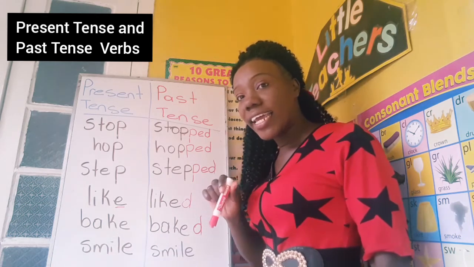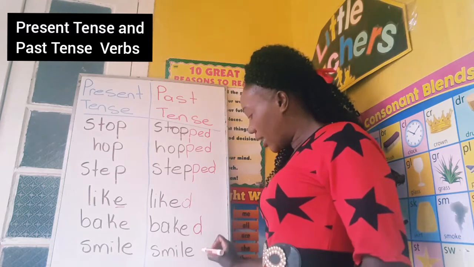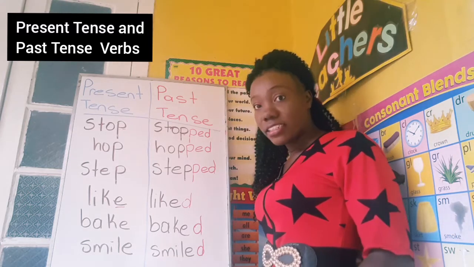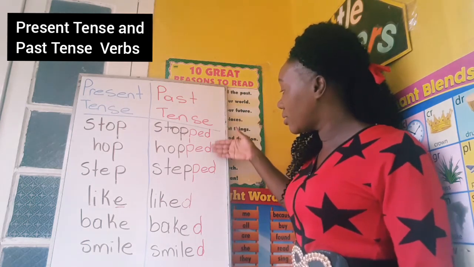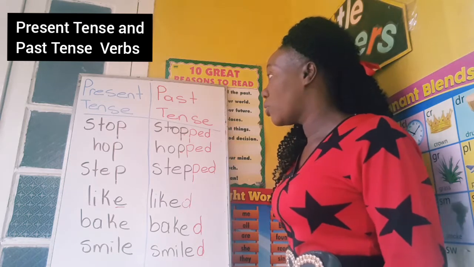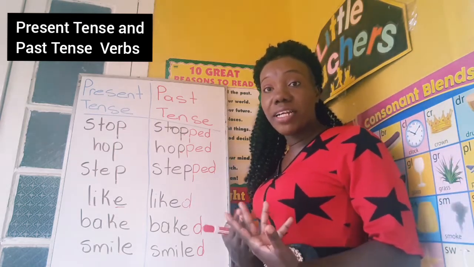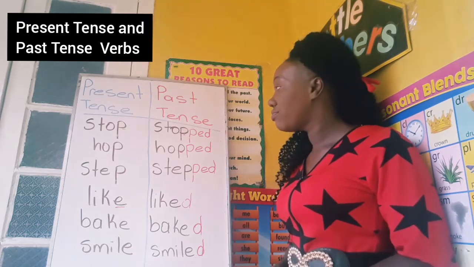But yesterday I smiled. Add D. That's the rule. So look at them, boys and girls, so that when you're writing these words, you can apply the correct spellings and the correct pronunciation.